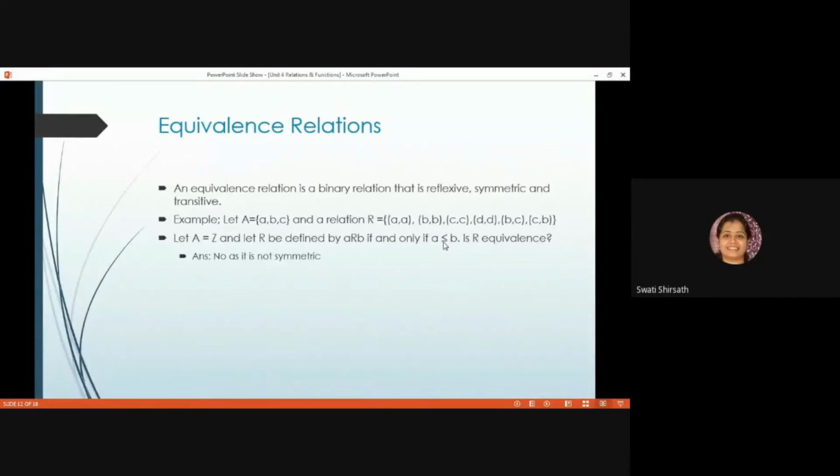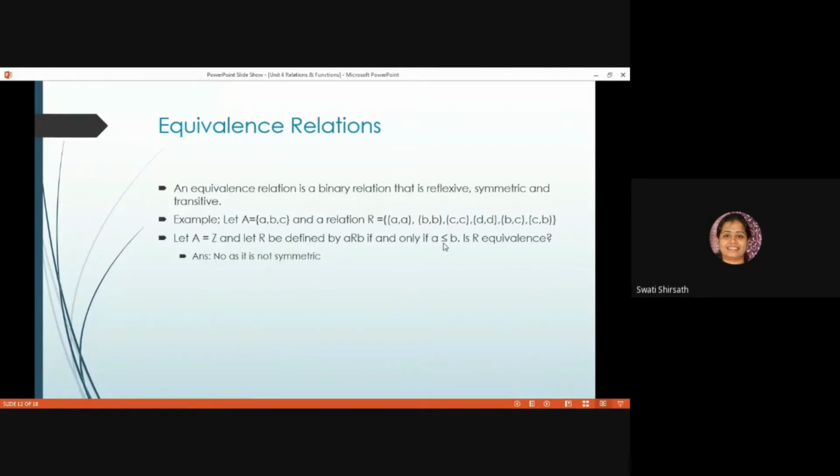So if we choose such pairs over here, then we will see how it can be reflexive or symmetric or transitive. Okay, to be an equivalence relation, it should be reflexive, symmetric, and transitive. So for reflexive, I don't see any problem in this relation a less than or equal to b because equal to is there.